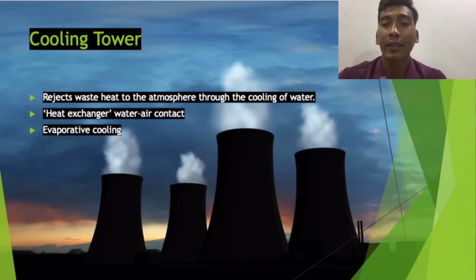There are many different types of cooling towers, but the working principle is pretty much the same. Most of them use the principle of evaporative cooling. Evaporative cooling is the process where warm water from an industrial process, like a factory, is pumped up to the top of the cooling tower, where the water distribution system is.